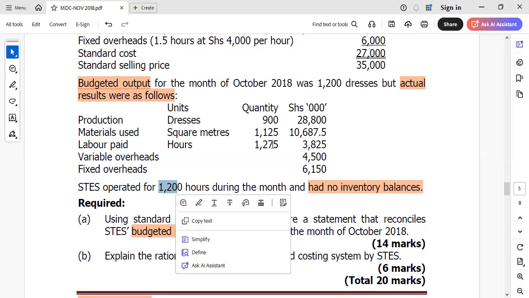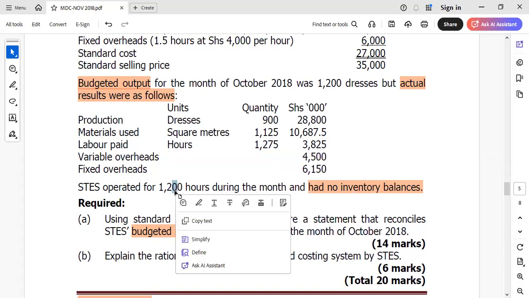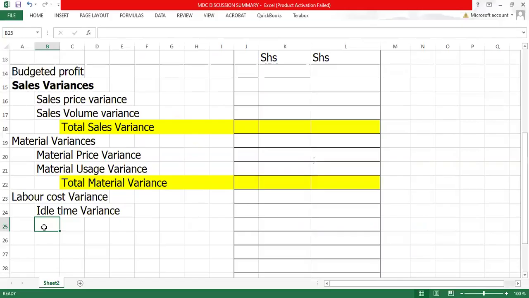The idle time cost variance will be the difference between this and this. Then we ask ourselves, how much is per hour? What is the cost per hour? We are going to see how we get this idle time. Okay, then we look at another thing.